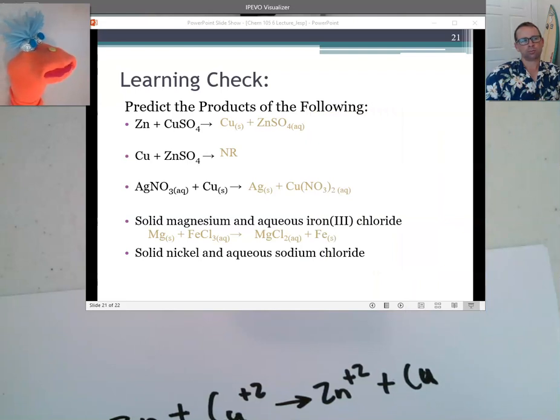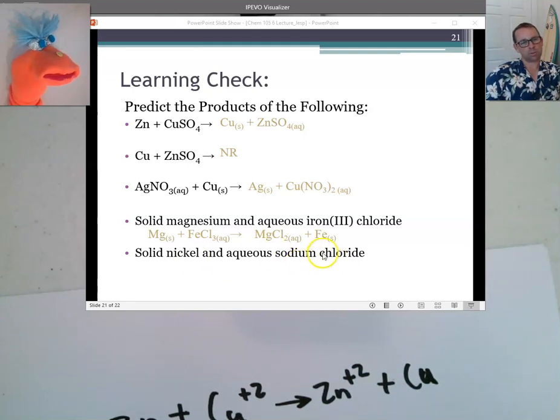No, we don't have it. Well, do we know anything about nickel? They make money from it. Yeah, well, they used to at least, right? So we do know a little bit about nickel. If they used to make money from it, that's an indication that what? It doesn't corrode easy. That's right. Or in other words, it's not very active.